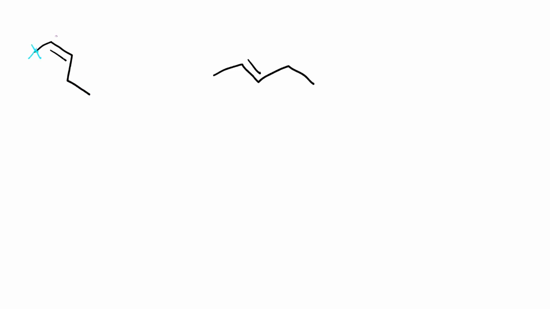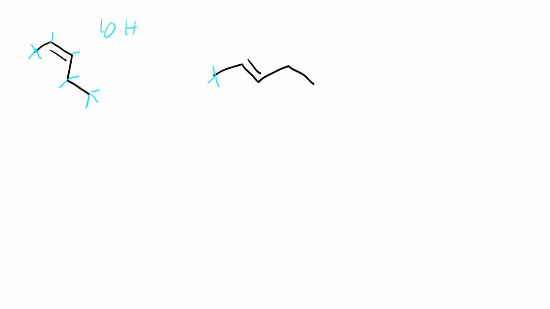This would have 3 hydrogens, and 1 hydrogen right there, because we want carbon to have 4 bonds. That already has 3 bonds, so adding 1 hydrogen would give you an extra bond. So how many hydrogens are in there? 3, 6, 7, 8, 9, and 10. So we have 10 hydrogens.